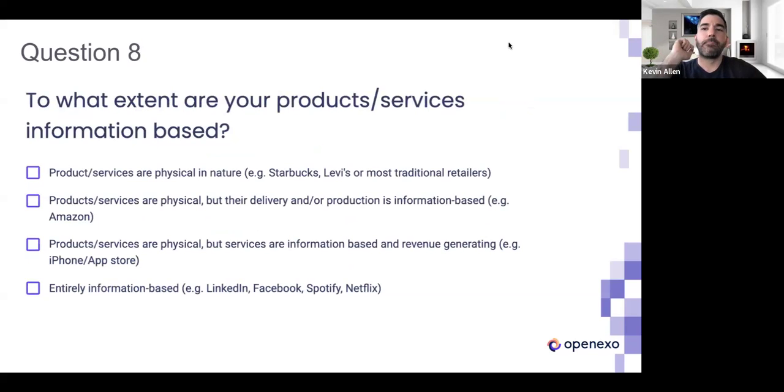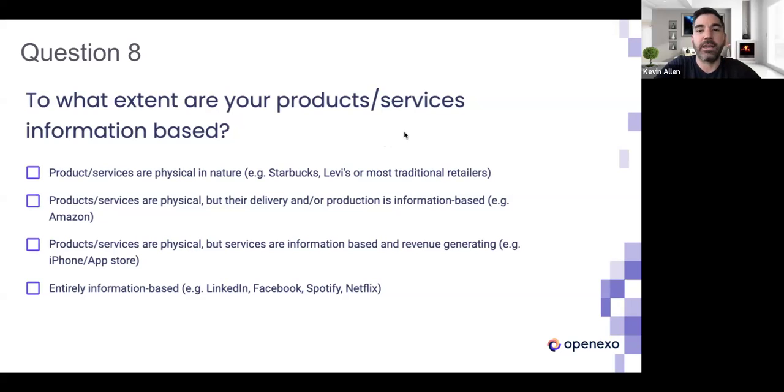We then go over to question 8, which is asking, to what extent are your products and services information-based? And so this question also does sometimes get people a little bit confused, because they might want to be in more than one.